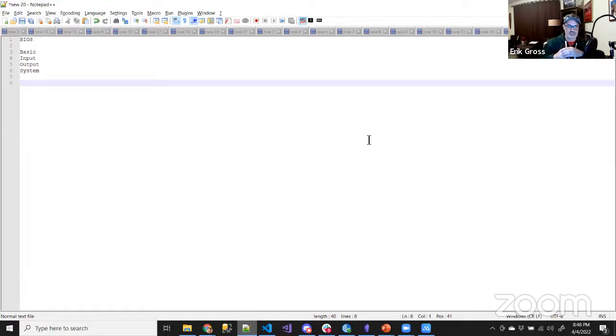The CPU will just keep looking at those instructions over in ROM, those instructions that are the basic input output system program, and it'll keep doing them. And when that program is finally done running, it gets your computer to the point where it can actually run the second most important computer program that you have. And that's an operating system. We'll talk about that later.